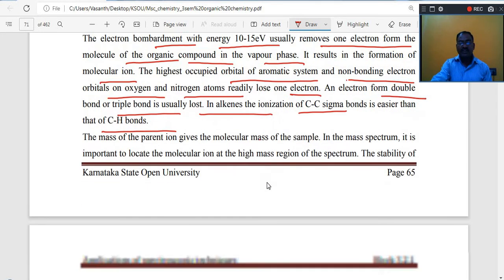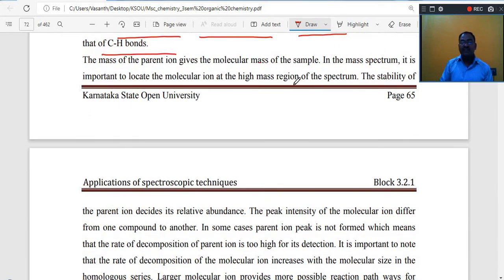The mass of the parent ion gives the molecular mass of the sample. In the mass spectrum, it is important to locate the molecular ion in the high mass region of the spectrum. The stability of the parent ion decides the relative abundance.